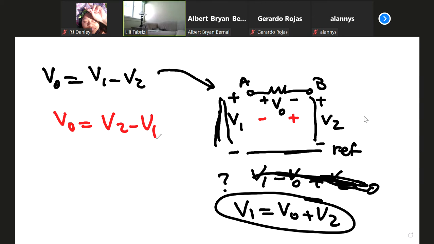Yes. A voltage across two terminals is always equal to the voltage at the positive side with respect to reference minus the voltage at the negative side with respect to the same reference. That's called voltage across.